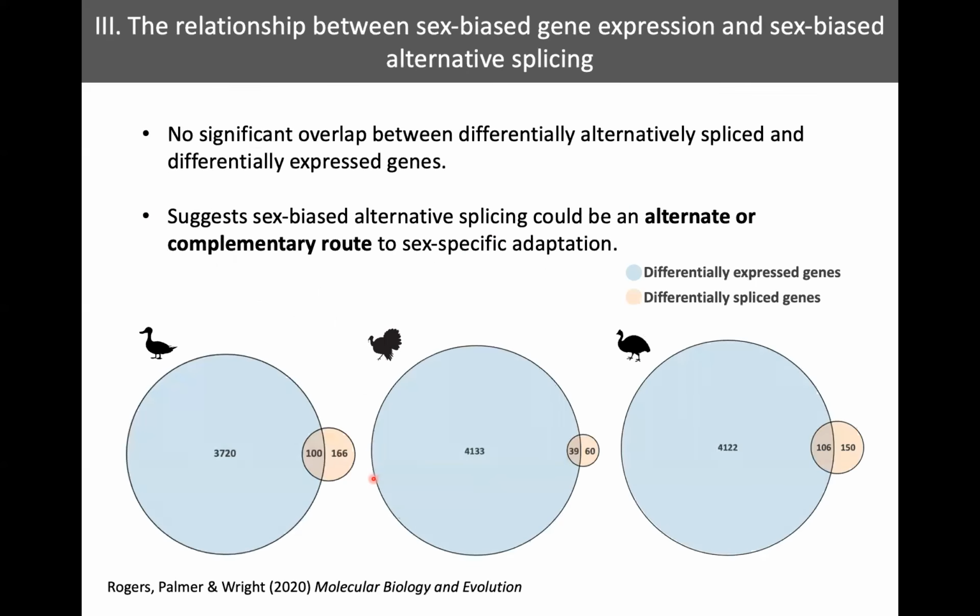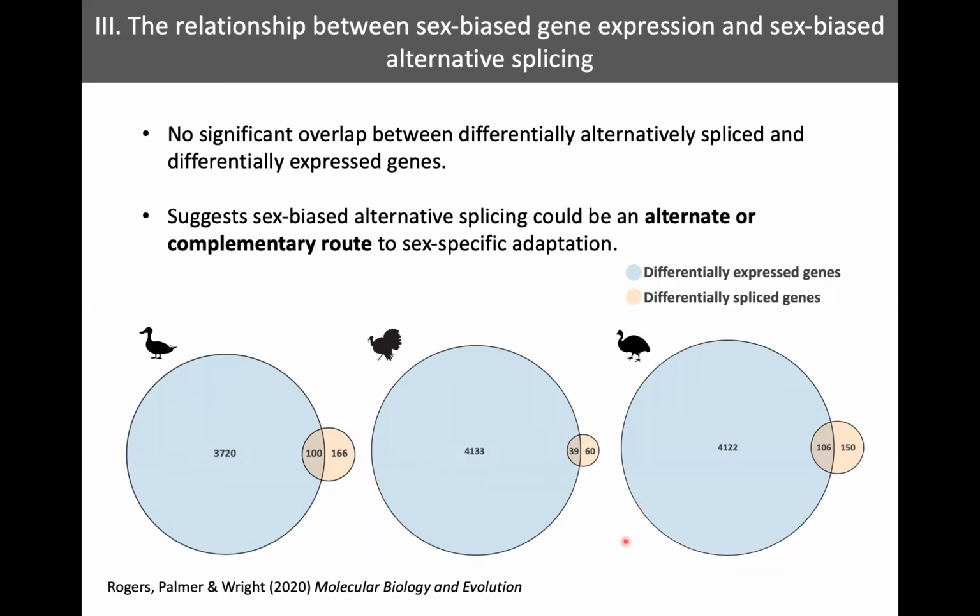So firstly, if splicing is a distinct route to the evolution of sex differences, we expect sex-biased alternative splicing to be more common in genes with similar expression patterns between males and females. And we looked at the overlap between sex-biased gene expression and sex-biased alternative splicing to test this. So genes which are sex-biased in expression level are in blue, and genes which are sex-biased in alternative splicing are in orange.